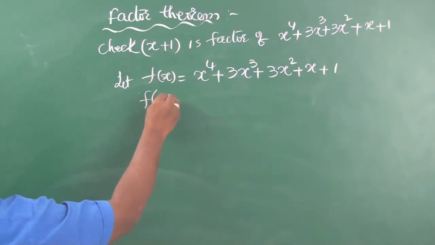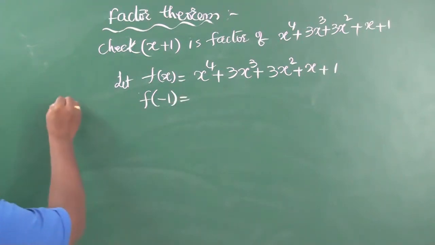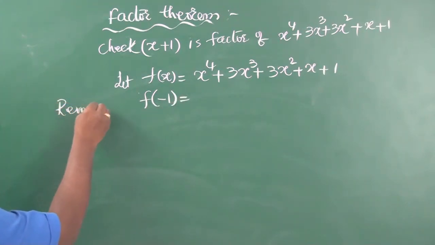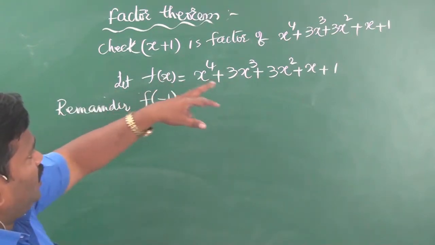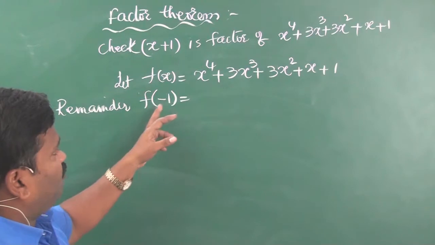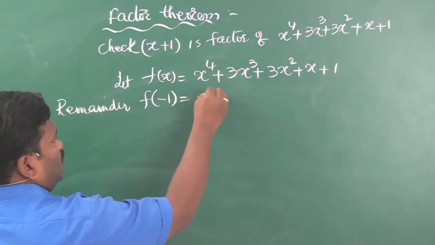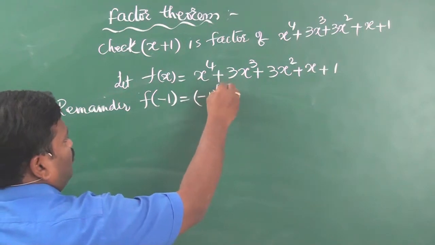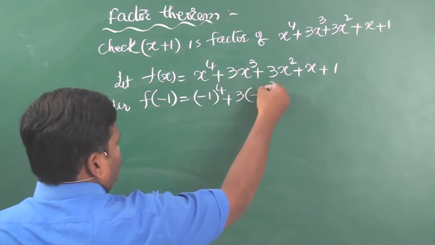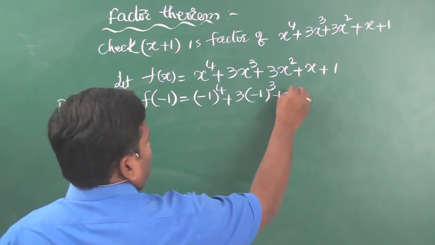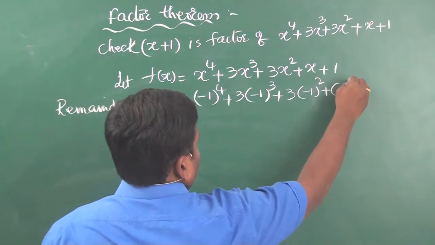Find the value of f of minus 1, the remainder. Now, in place of x, substitute minus 1: minus 1 whole power 4 plus 3 into minus 1 whole cube plus 3 into minus 1 whole square plus minus 1 plus 1.